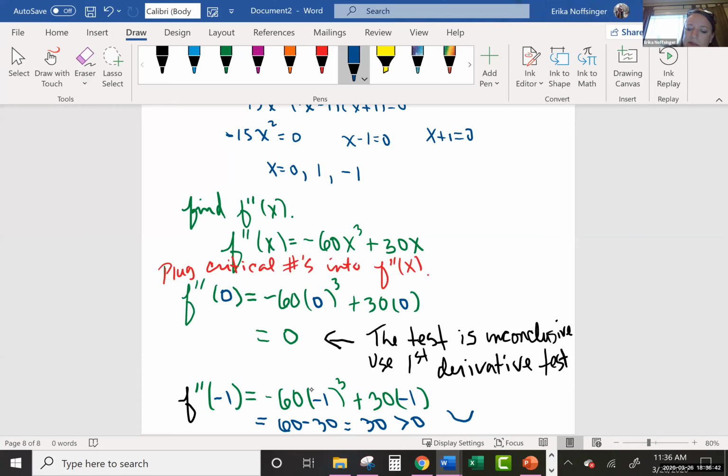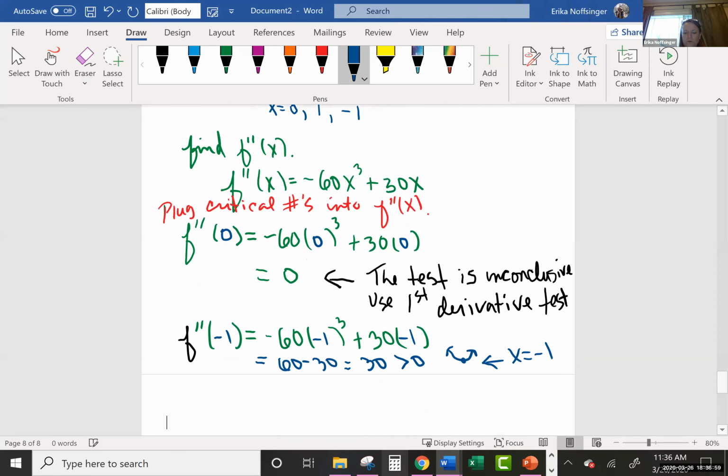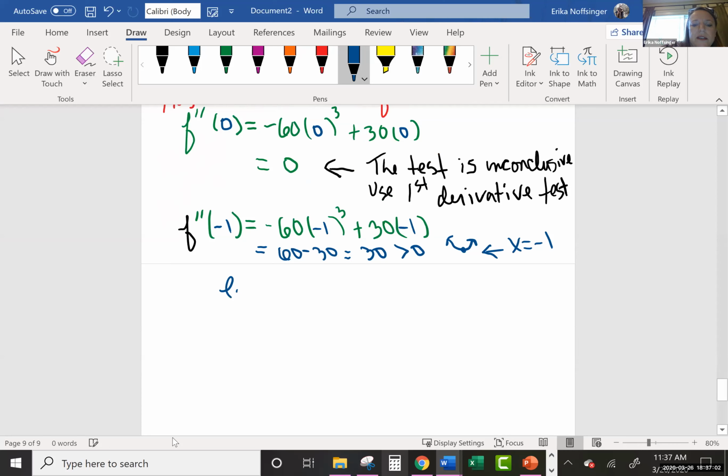That means it's concave up, which tells me a local min occurs at x equals negative 1. We can find the value of that local min, the y value, by plugging that back into our original function later.